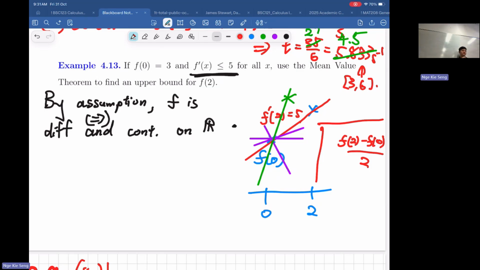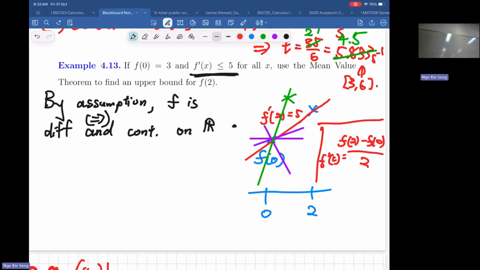What does the mean value theorem say? There's some point on your graph which has a derivative equal to this gradient of the secant. But this question says no matter how you find the derivative, this derivative cannot be greater than or equal to 5.